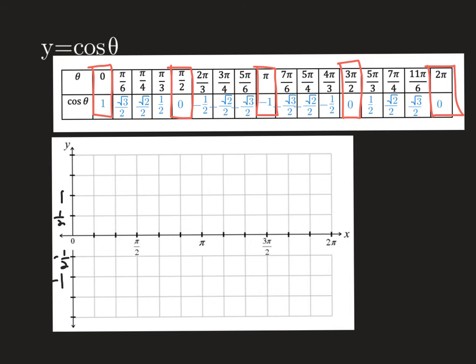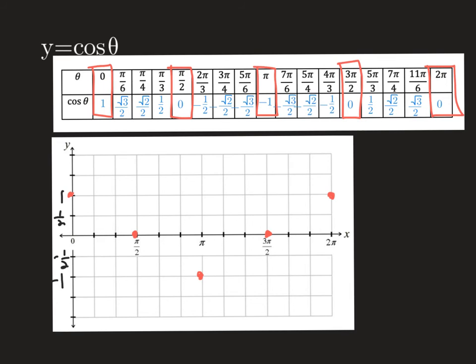You'll notice it's the same points, same x values or theta values, but in this case, they actually have different y values. So let's look at what those look like. If I plot those 5 points, 0, 1, there's a point right there, pi over 2, 0, right here, pi, negative 1, right here, 3 pi over 2, 0, here, and 2 pi is here.